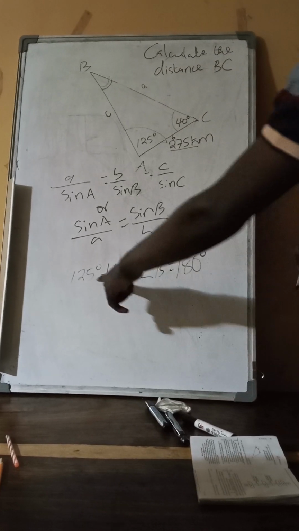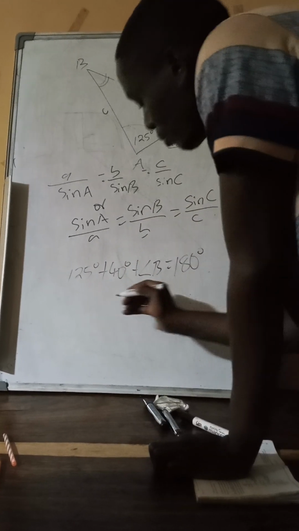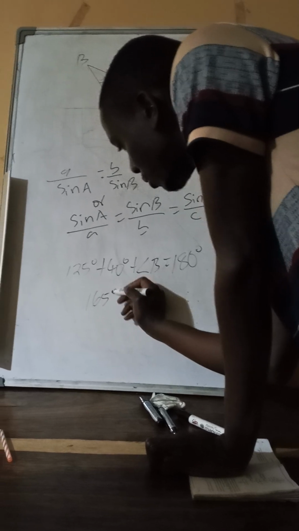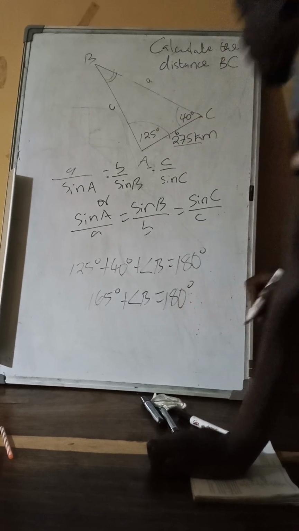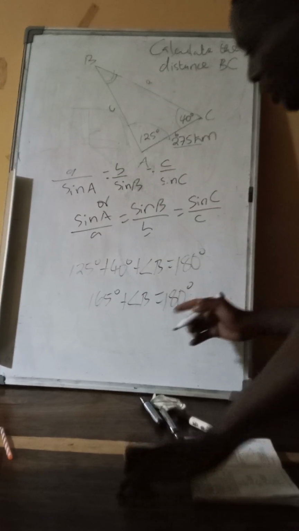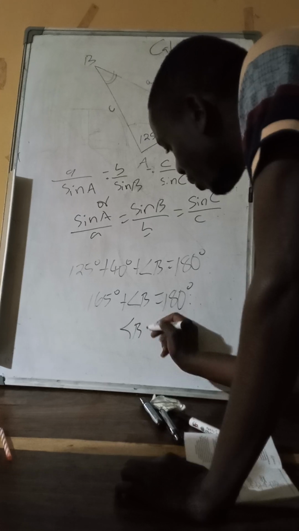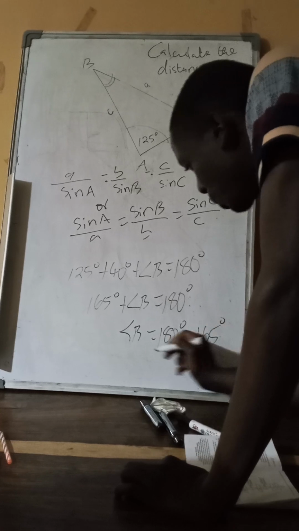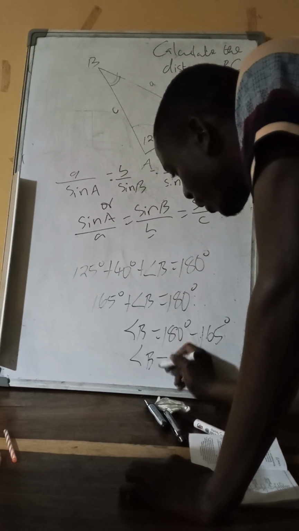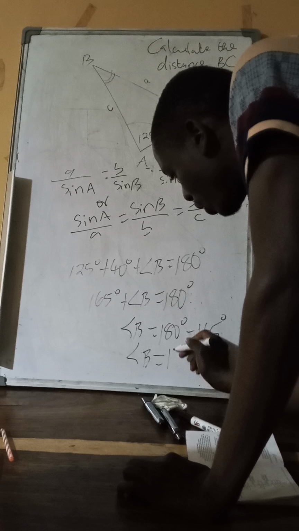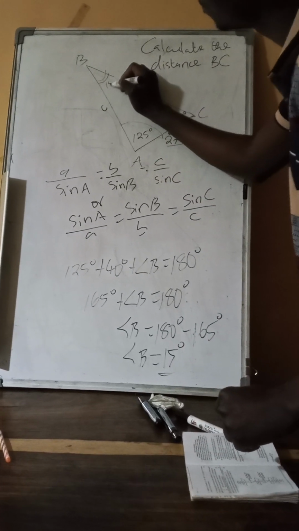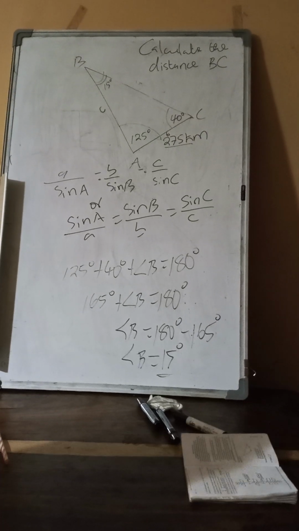What is 125 plus 40? 165. So it will be 165 plus angle B equals 180. Like terms together, the 165 will go to its like term. So angle B will be equal to 180 minus 165. What is 180 minus 165? 15. So angle B is equal to 15 degrees.